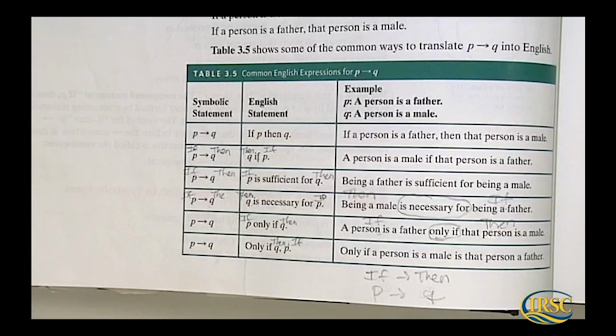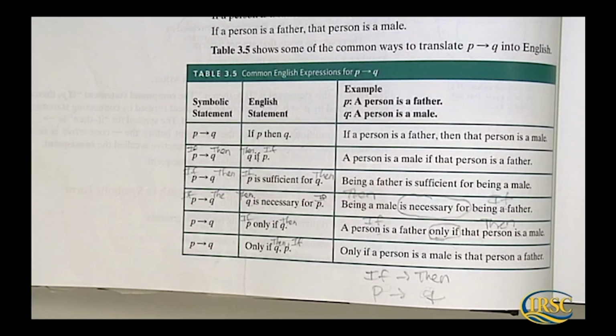Okay, now the last two are also tricky because notice that the word if is in there, but not only the word if, it's only if. So if you throw in the words only if in there, the then part still comes right after it. Notice in the second row, whatever came after the if was still the if part.